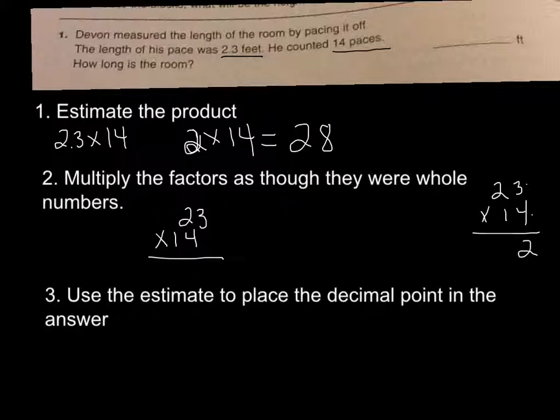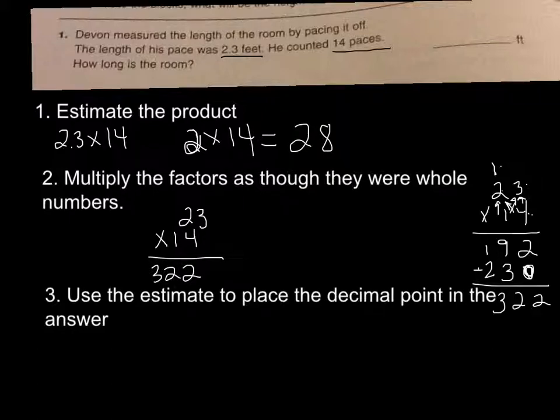Put down the 2, carry the 1 up. 4 times 2 is 8, plus 1 is 9. I'll put my 0 here, and now I'm going to do my other ones. So 1 times 3 is 3, 1 times 2 is 2, and then I'll add them together to get 322. And I can write that over here so I can see it a little more easily.